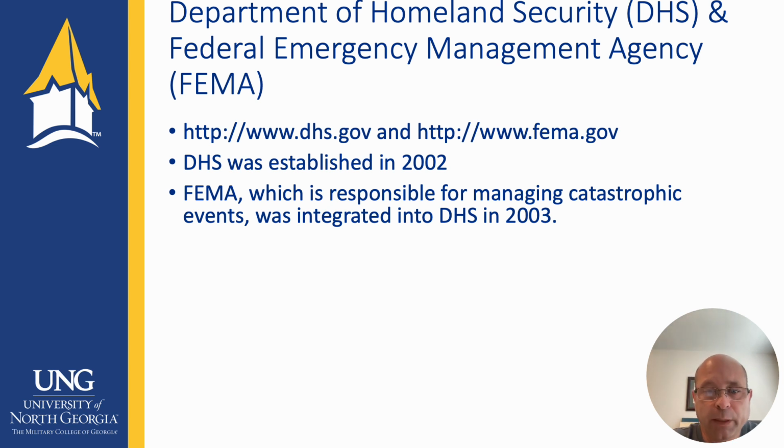The Department of Homeland Security was established in 2002 after the 2001 terrorist attack on the United States. It combined 22 different federal departments to form the Department of Homeland Security. FEMA, which is responsible for the management of catastrophic events, was integrated into the Department of Homeland Security in 2003.